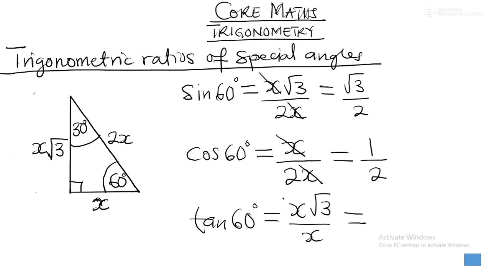Now this x will cancel this x. So you are going to have root 3 on 1, which is the same as root 3. So tan 60 degrees is root 3. Good. So students, this is the trig ratios of the 30-60 special angle.